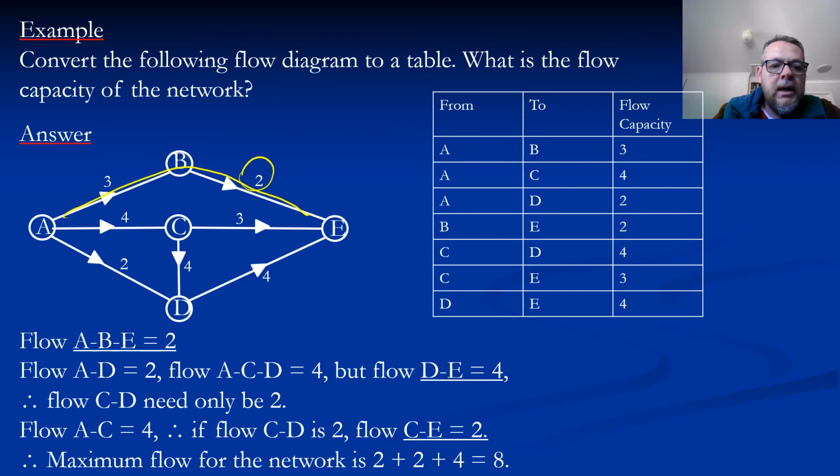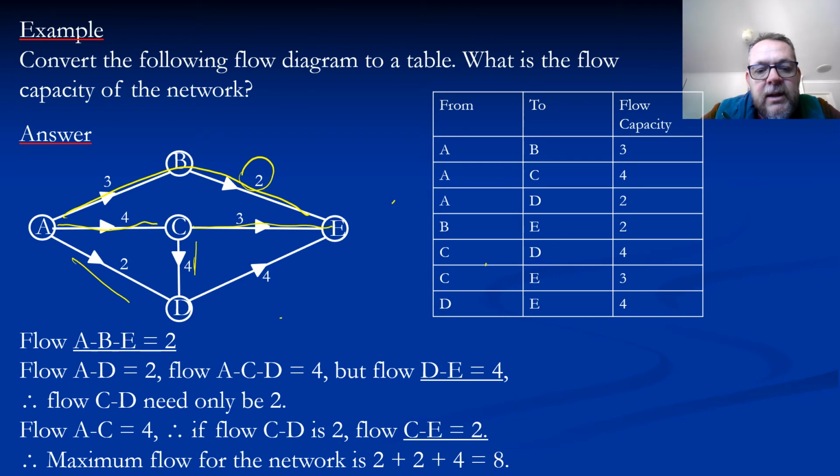If we have a look here, A to C to E, well, that's got to be 3 so far, but we can also see we've got an extra one down there. So let's have a look. A to D is 2. But A to C to D equals 4, and the flow from D to E equals 4.